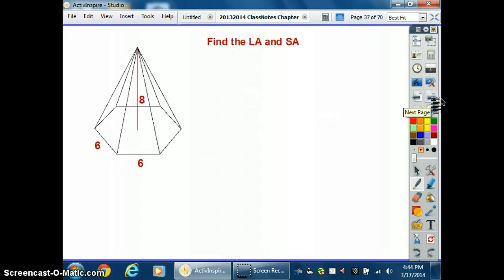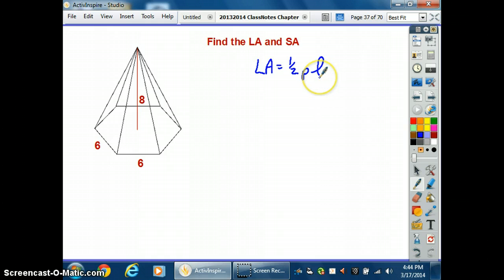Okay, the next one is a hexagonal pyramid, and we are going to find both lateral area and surface area. Okay, so lateral area is 1/2 the perimeter times the slant height.